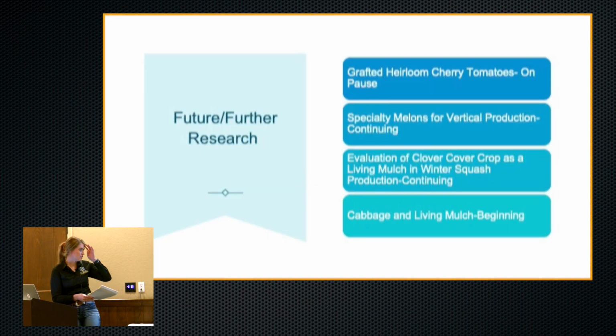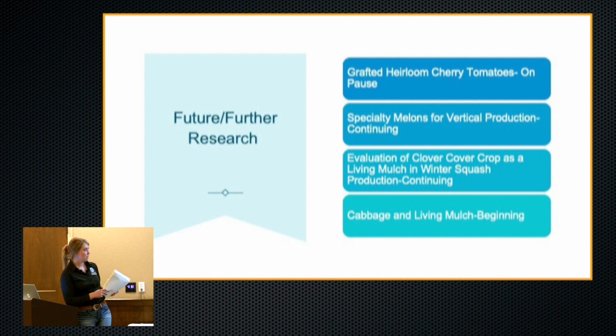So looking ahead, further research will not be completed at this time on the grafted heirloom cherry tomatoes, resulting from the presence of the tomato spotted wilt virus experienced in this past growing season. But further research will be completed with the specialty melons for vertical production, along with the evaluation of clover cover crop as a living mulch in winter squash production.